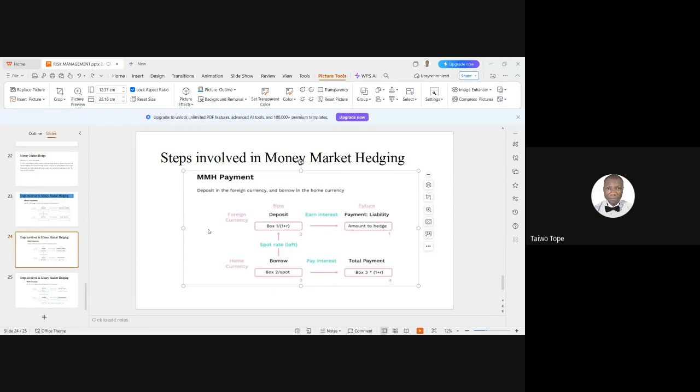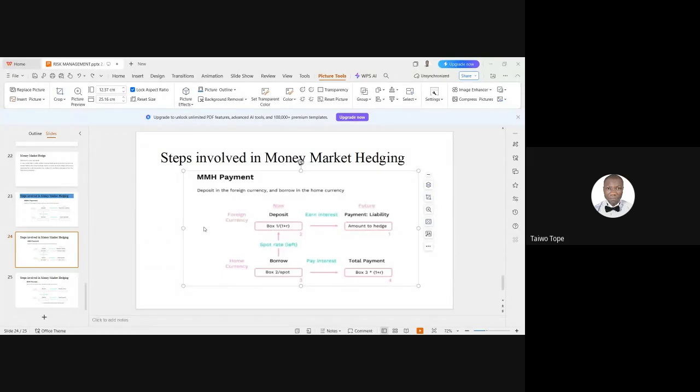So if the payment or the contract is for a period of 2 months, it will be 2/12. For a period of 3 months, it will be 3/12. For a period of 6 months, it will be 6/12. When you determine that, plus 1, you divide the value you have in box 1 by it.